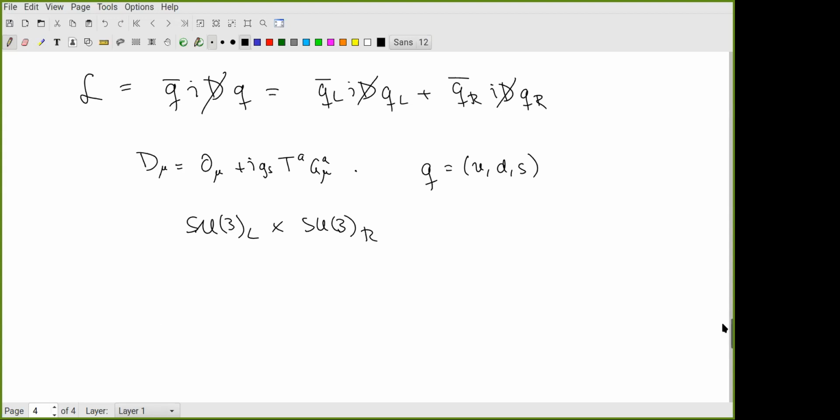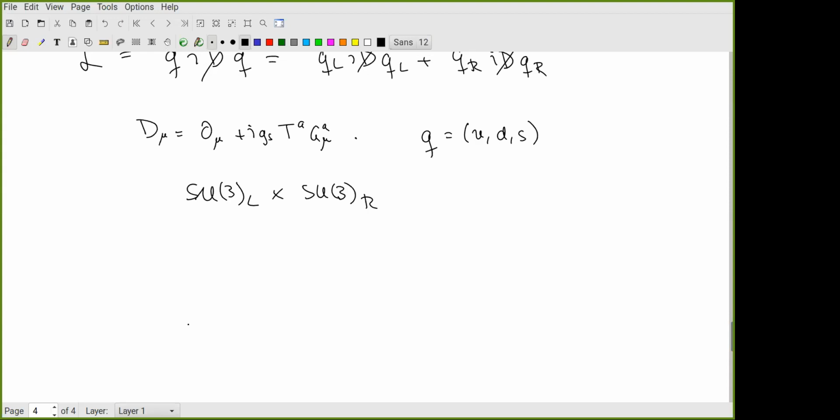Okay, and I will not explain how this works because this would be far too complicated for this short time, but I just give you the results. And one way to write this Lagrangian is to define a matrix of pions, or if we have up, down, and strange, it has pions and kaons and eta fields in it. So pi over square root 2 plus an eta field, eta over square root 6, pi plus, K plus, pi minus. You just have a 3 by 3 matrix with all the pion fields in it.